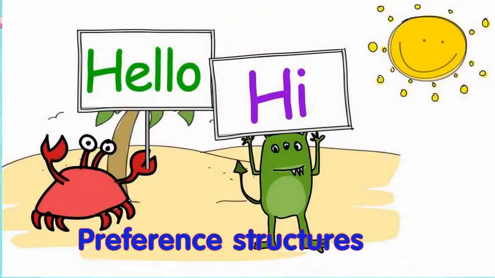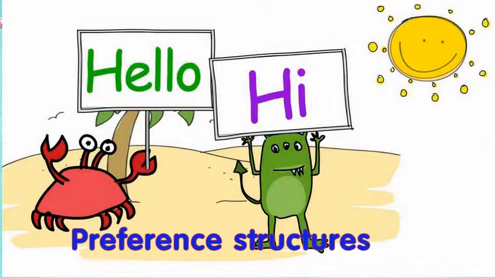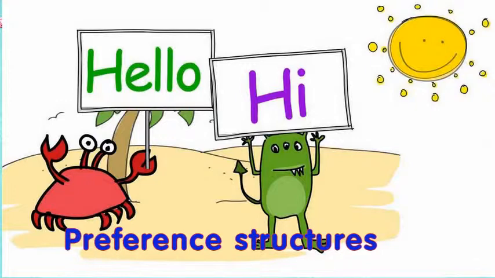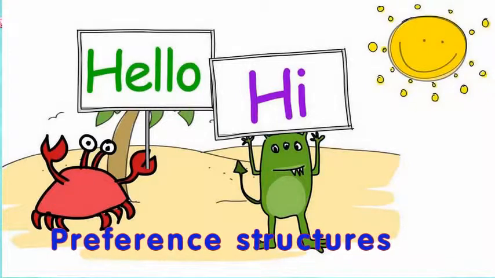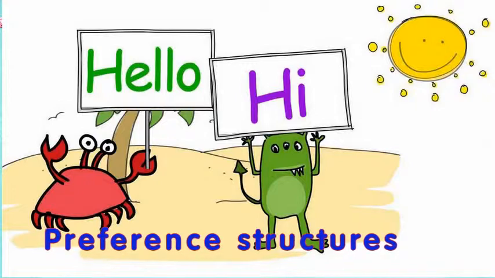One vital component of conversation analysis is preference structure. So what is it? Well, let's put it this way. Generally, when you greet someone, like saying hello to someone, what do you expect in his or her response?